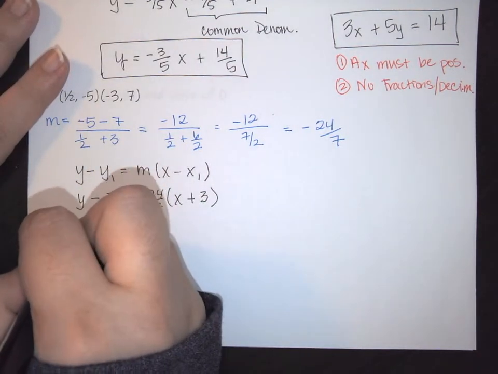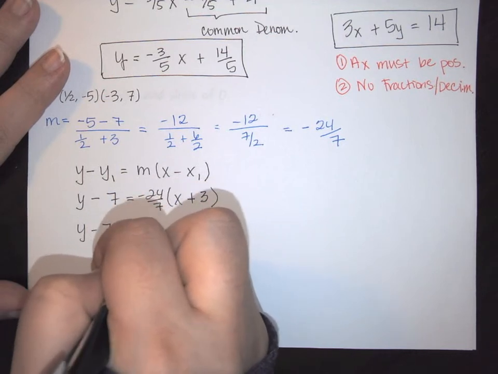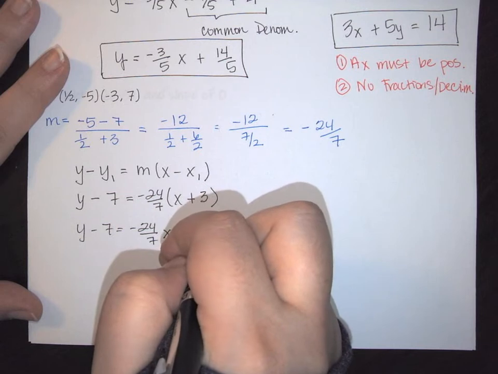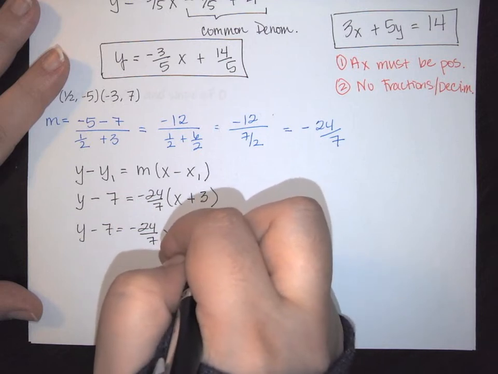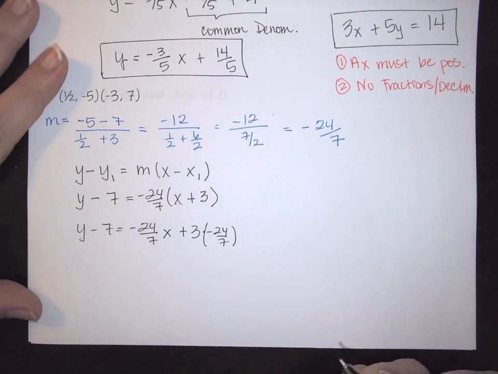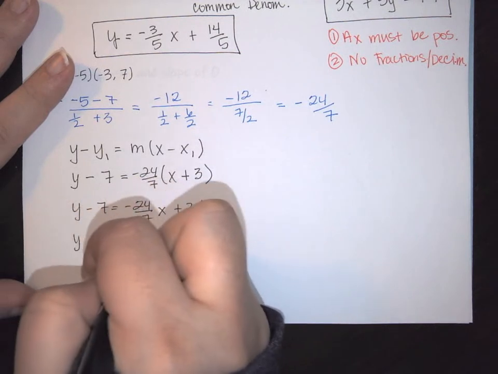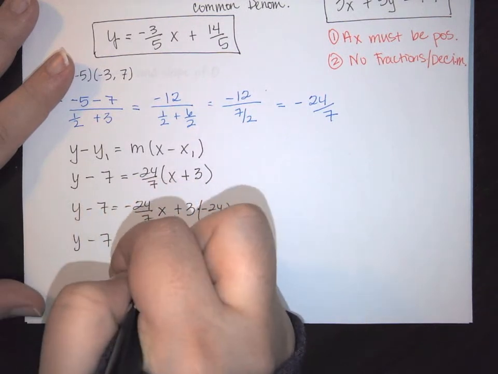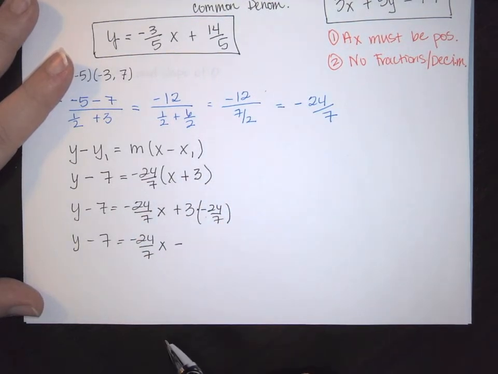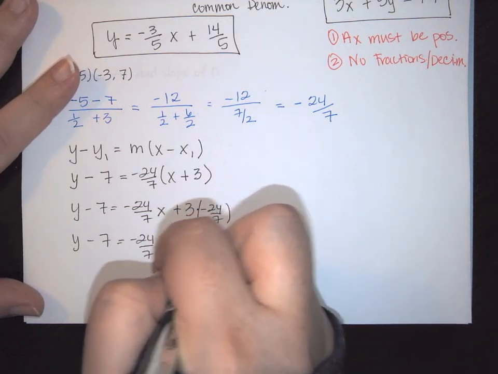Again, distribute. Y minus 7 equals the negative 24 over 7x plus 3 times negative 24 over 7. So here we get y minus 7 equals the negative 24 over 7x minus, because plus times minus is minus, and then 3 times 24 is going to give you 72 over 7.